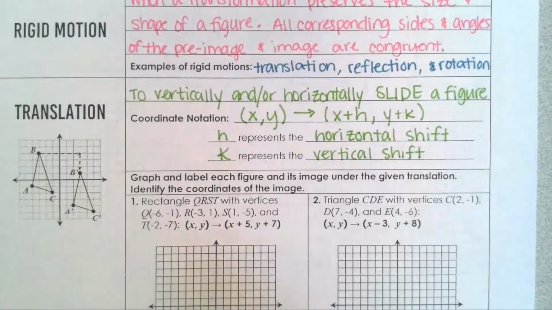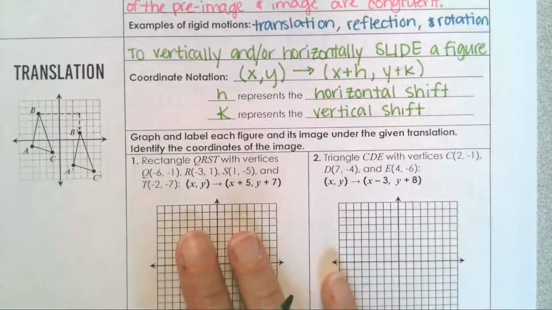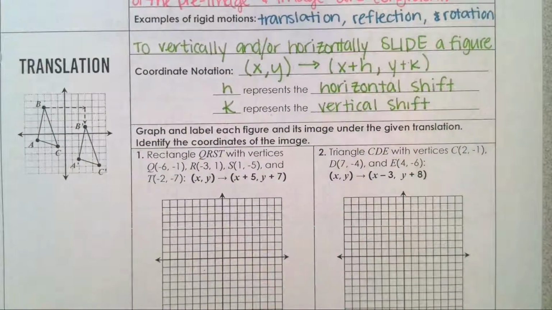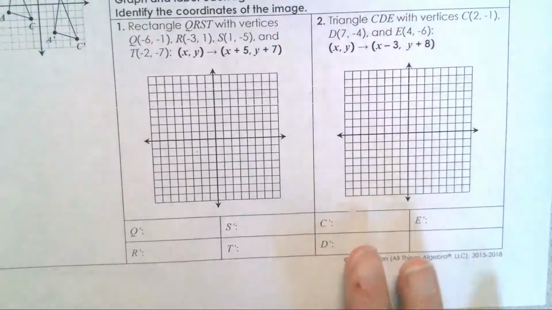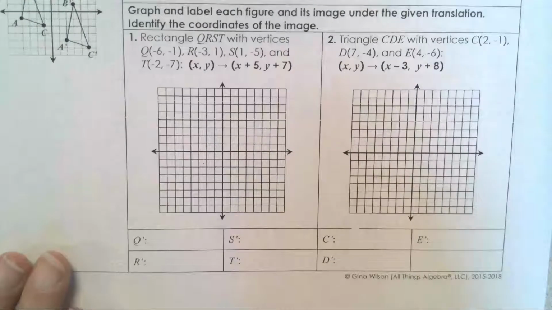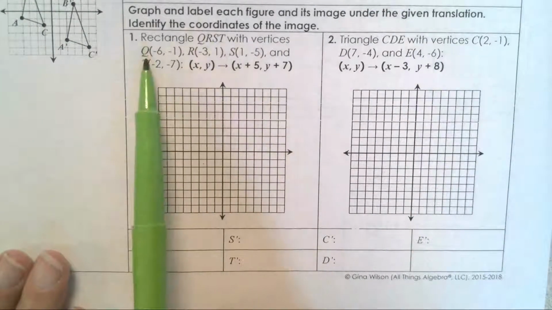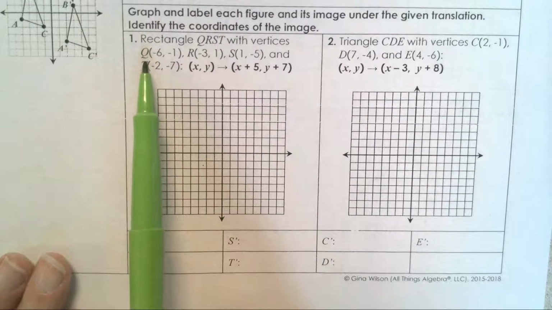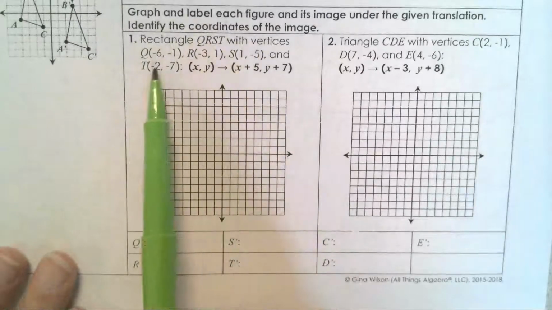So let me show you what this is going to look like. We'll just start ahead with our first example problem and show you like what's actually happening. Okay, so we have rectangle QRST, and you've been given the vertices. These are the points. So the first thing we're going to do is we're going to graph these 4 points.